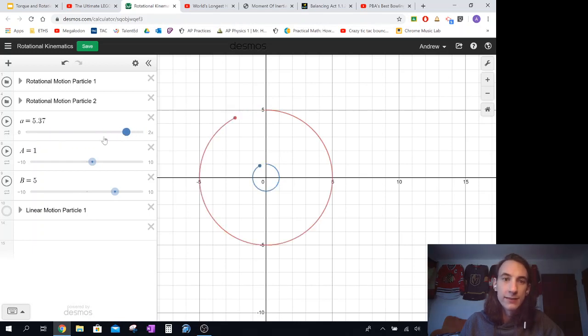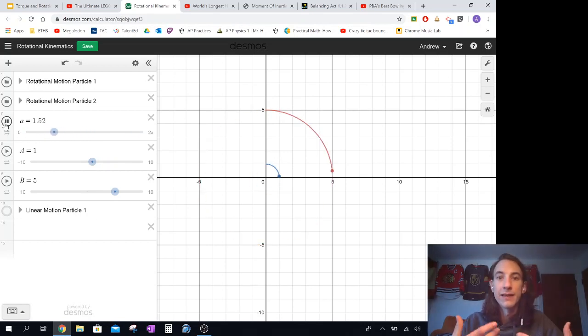So we see again this trend where if we increase the radius, our linear piece is going to increase. We're going to have a greater linear velocity, because it's covering more meters in the same amount of time, even though they have the same rotational velocity. The red one has a larger velocity.